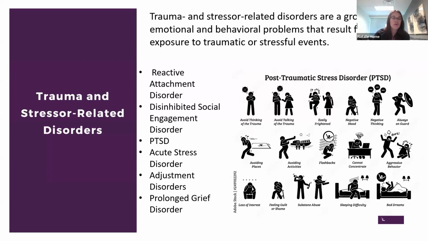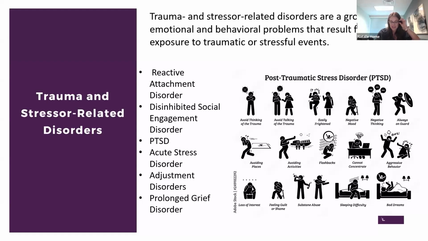Changes in mood, to have a low mood, little interest in things, thinking negatively about yourself or others, and changing the way you see yourself and other people, whether that's it's my fault or everyone is bad, no one can be trusted. Changes in sleep and concentration, aggressive behavior, loss of interest. So that's pretty characteristic of PTSD.